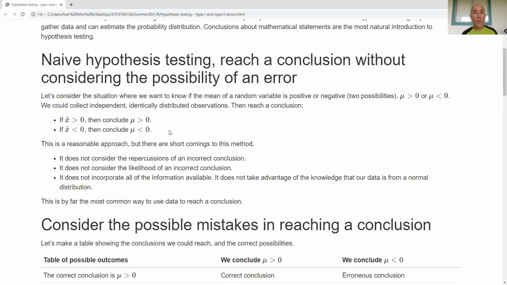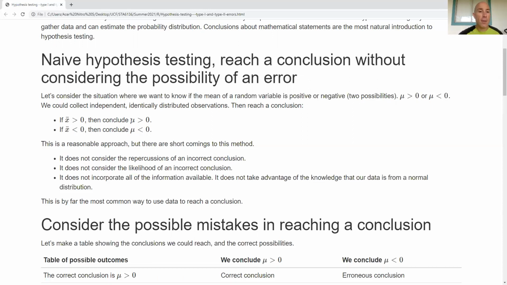conclusion. First and foremost, it does not consider the repercussions of an incorrect conclusion. So if I make a mistake, let's say that in reality, the population average is negative, but my data gave me a positive sample average, then I reached the wrong conclusion. I have to deal with the consequences of being wrong.